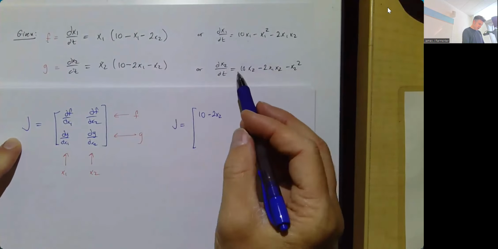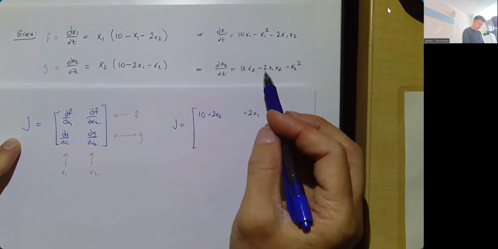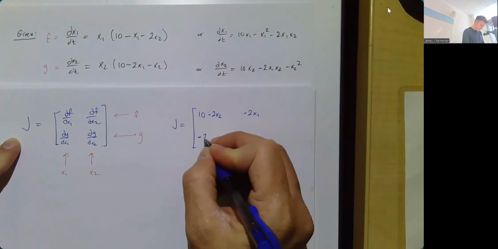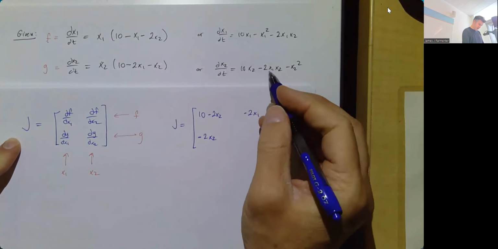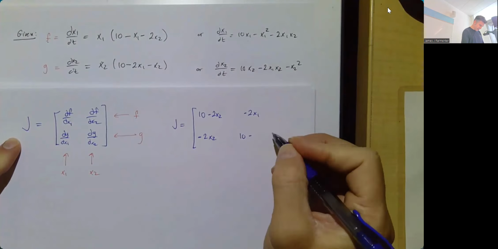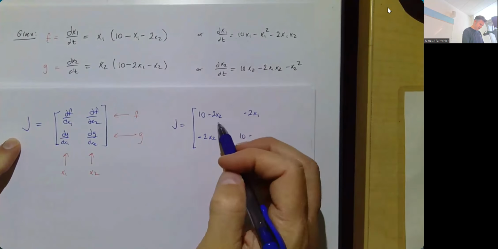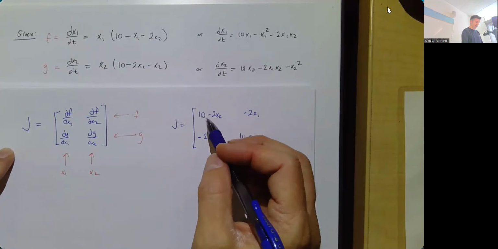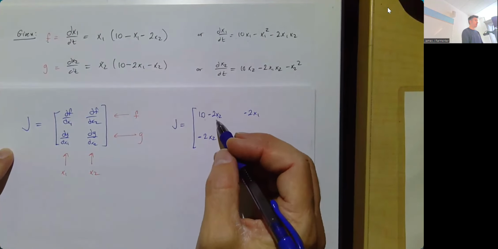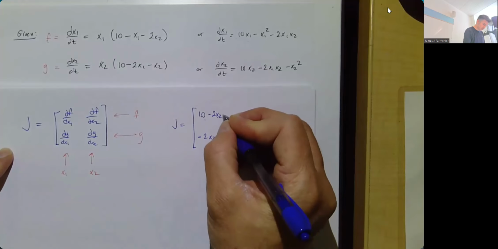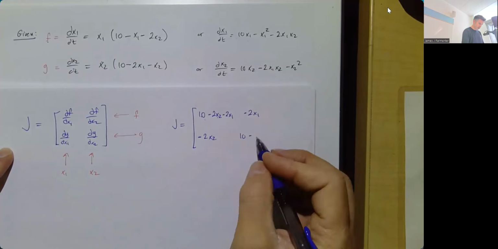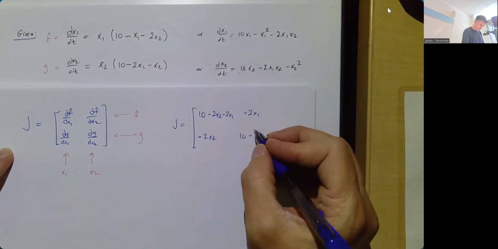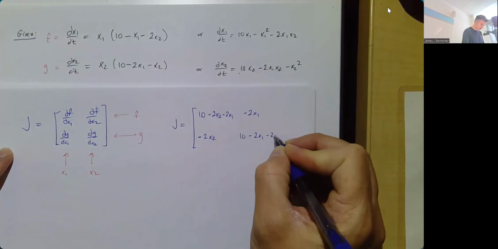And then del g del x1 is going to be negative 2x2. And del g del x2 is going to be 10 minus, oh, I think I missed something in the first part here. I did. In the first part, I should have had a 10 minus 2x1 minus 2x2. And then over here, I should have had a 10 minus 2x1 minus 2x2.